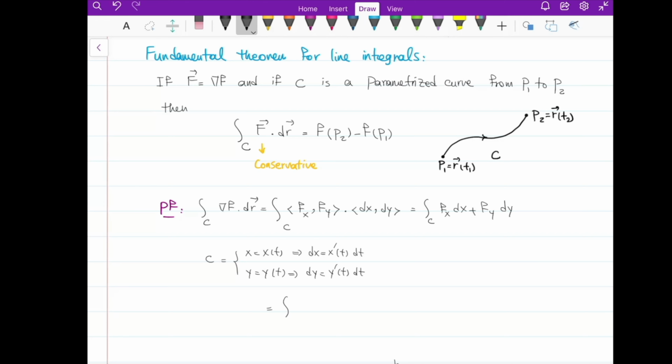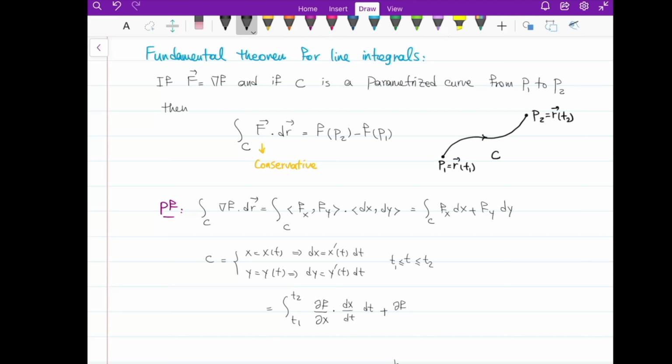Okay, now let me plug in the parameterization into here. So what do I get? I get the parameterization t is between t1 and t2. So I have from t1 to t2. So I get what? fx is what? It would be the partial derivative of f with respect to x, and then dx is x prime of t, which is dx/dt, plus I have fy, which is what?